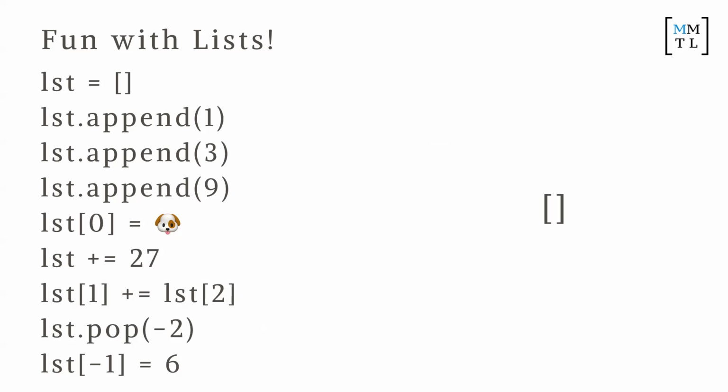And then list pop -2. Recall this is -1 here, -2. We get rid of this one. Does that make sense? So we popped out the value. And then list -1, which is this value here, is now equal to 6. So what that ends up with is we have dog, 12, 6.